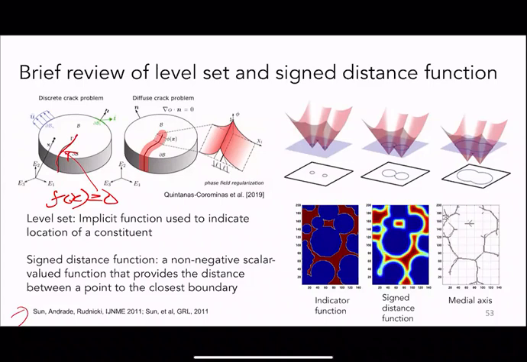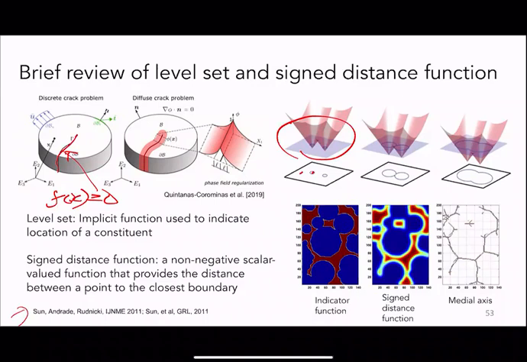So in this particular example, the interior is negative, the exterior is positive, but you can also feel free to switch the sign. But the sign change indicates that you are going from one point to another point, indicating that these 2 points are in different material or in different material state. So level set is also called indicator functions.